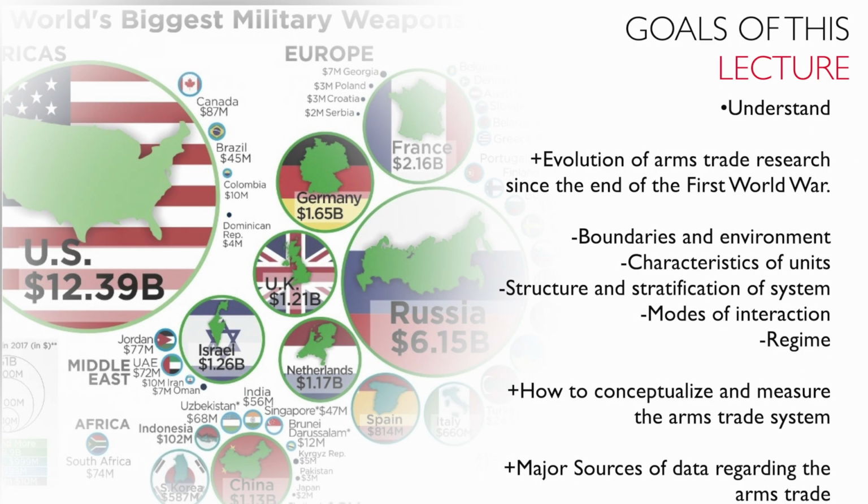So the goals of this lecture are really to get you to understand a few important things about the arms trade system itself. First, I want you to understand the evolution of arms trade research since the end of the First World War. And then we're going to dive into Lawrence's book.